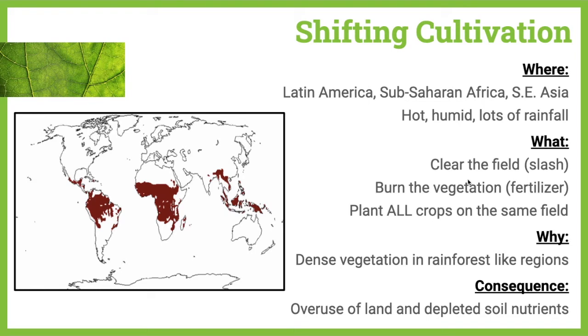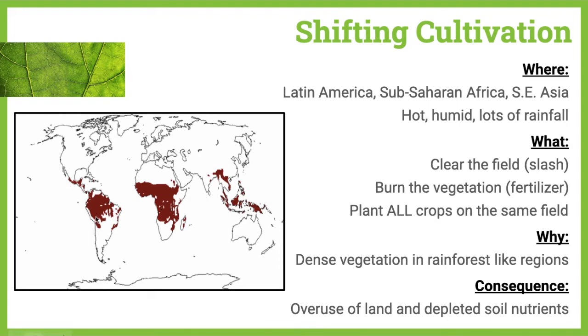To use those nutrients, to replenish the nutrients in the soil. And so this is oftentimes found in very densely vegetated areas, sort of like rainforests. And you can see where we find shifting cultivation on this map.